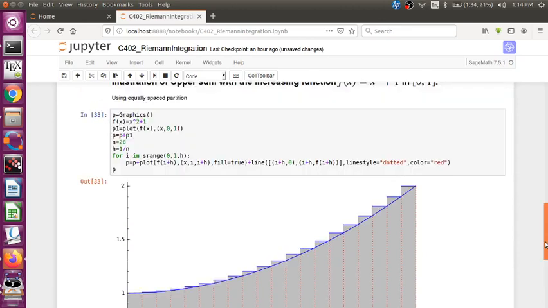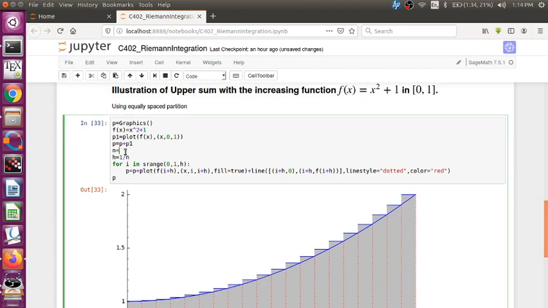So as you increase the number of sub intervals, or in terms of the mesh or the norm of the partition, decreasing the norm of the partition is in one sense equivalent to increasing the number of sub intervals.